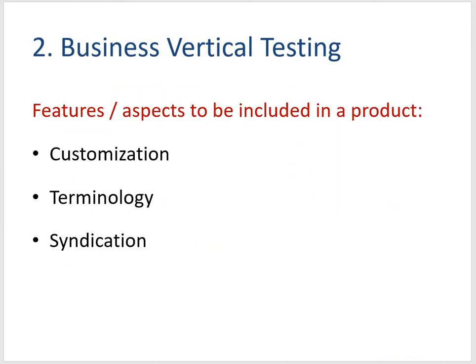In business vertical testing, we look for features or aspects which can be included in a product, like customization, technology and syndication. In case of customization, it's important that the product understands the business processes and includes customization as a point, so that different business verticals can use the product, right?